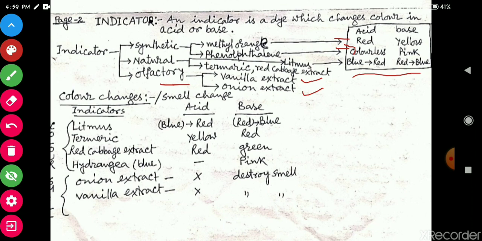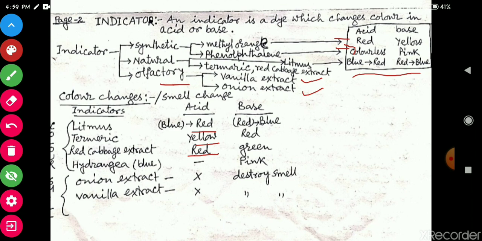Color changes of litmus, turmeric, red cabbage extract, hydrangea, naturally blue, in acid solution: blue litmus changes to red, turmeric yellow, red cabbage extract red, hydrangea blue.